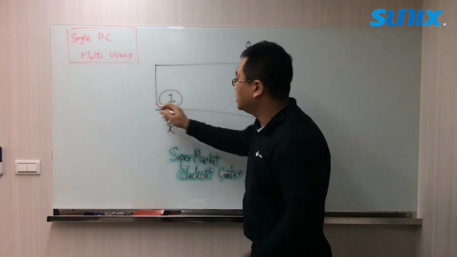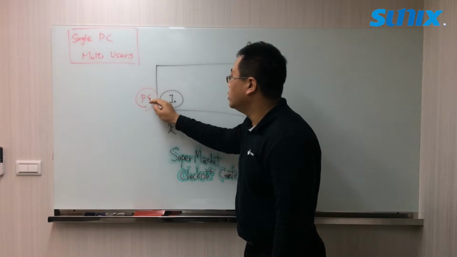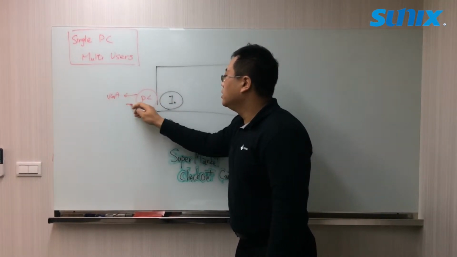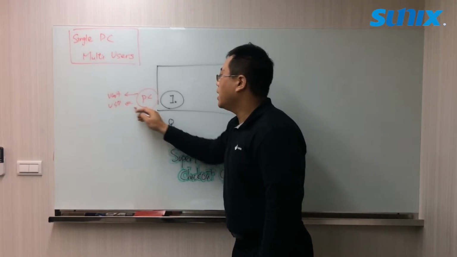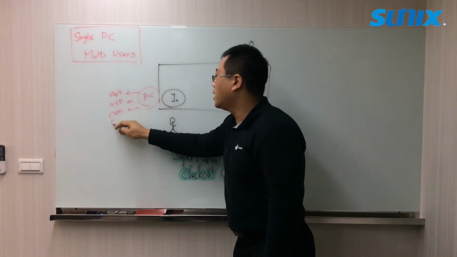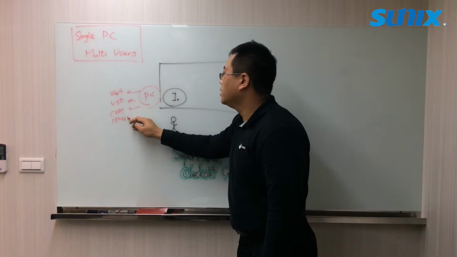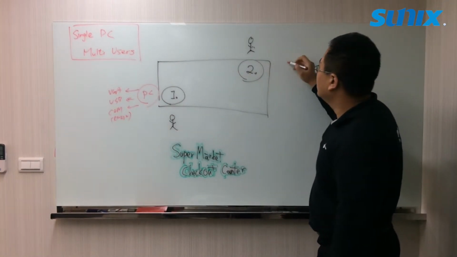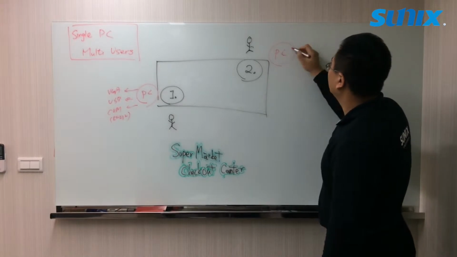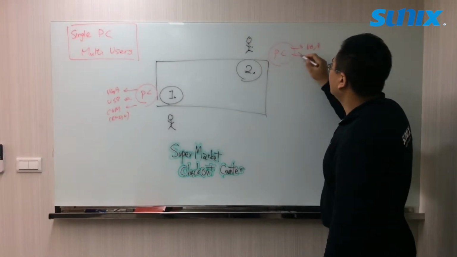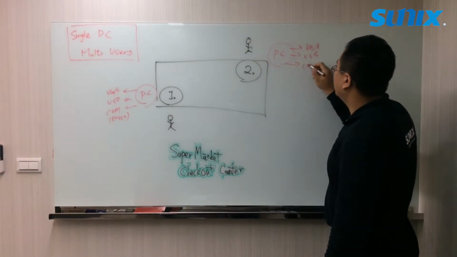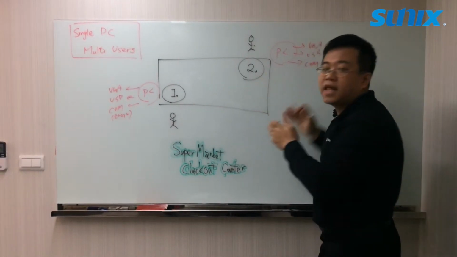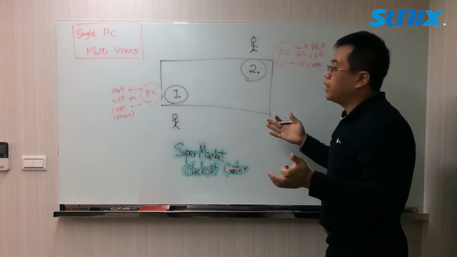The POS system is a standard PC structure with I/O port, including the VGA, USB, and the COM port, RS232. The counter 1 and the counter 2 are the same. PC here, VGA port, USB port, and the COM port here. So each cashier can have their own process operation.